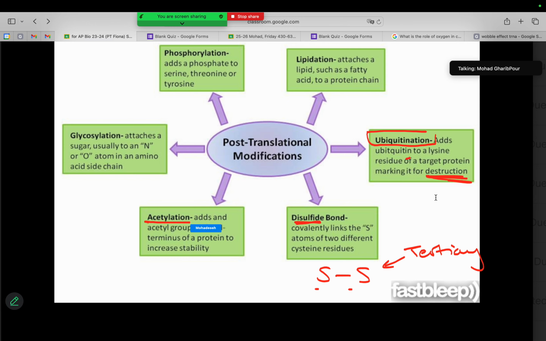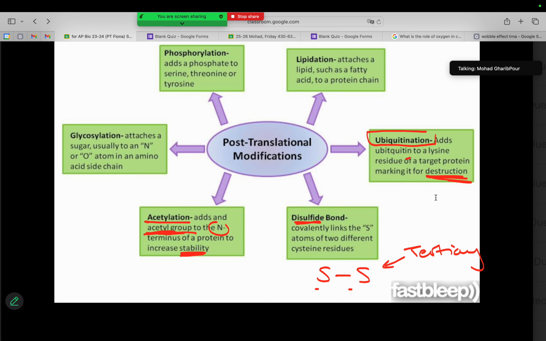Acetylation, you add an acetyl group to the N terminus, which increases its stability. So just like the mRNA 5' cap and poly-A tail, this is similar to that in function.